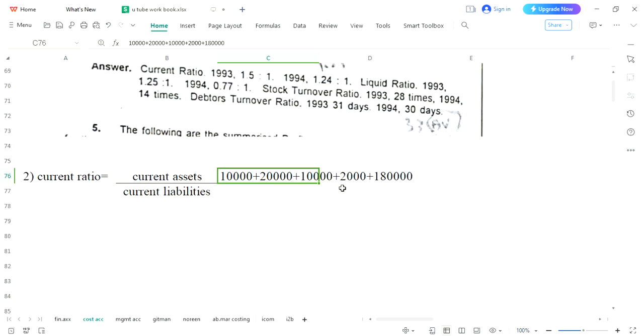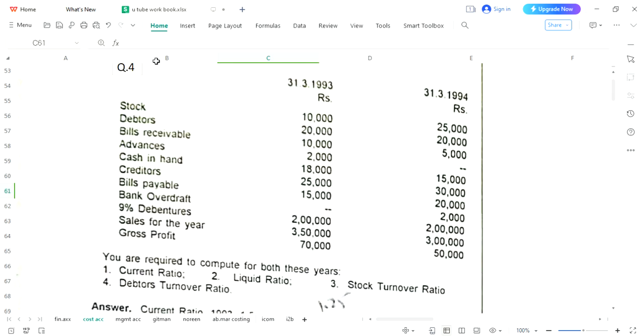Alright. So we are now going to see how many current liabilities are present in our question. After cash in hand, we have creditor. Yes, it is current liability. Bill payable. Yes, current liability. Overdraft. Yes, current liability. These three are liabilities. Next are debentures. Please note it down. Debentures are a kind of loan which you will take for the longer period of time.